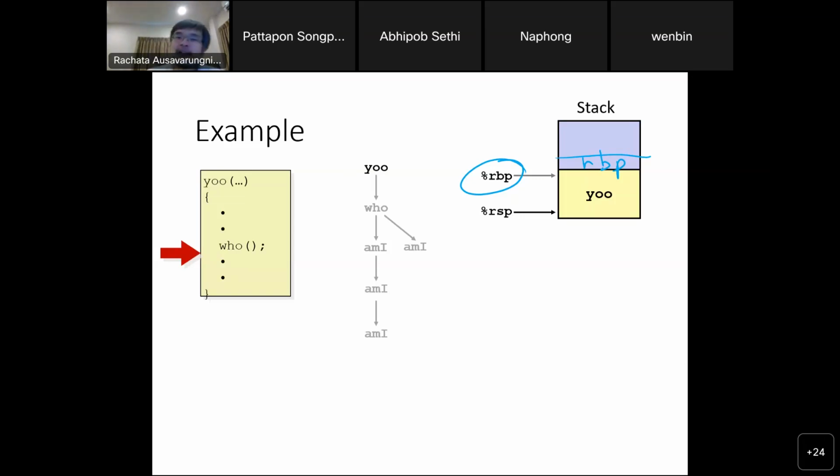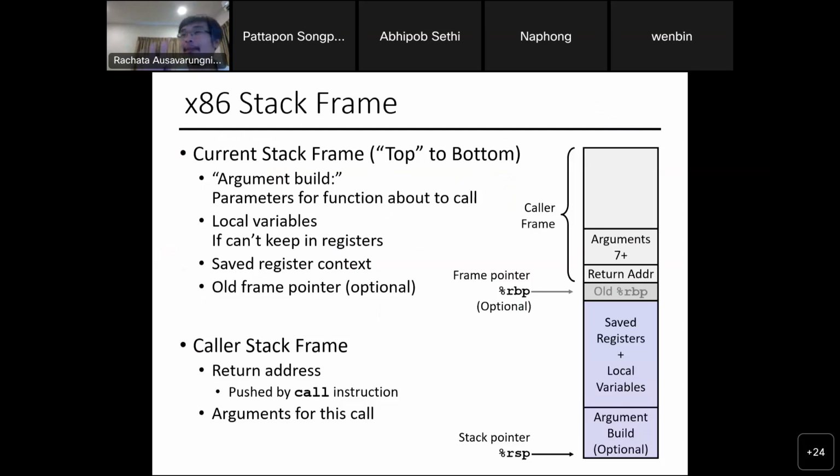All right, awesome. So here's basically more of a detailed breakdown of what goes into a stack frame. See, RBP, RSP, so this is our frame. Typically, the organization is something like this.